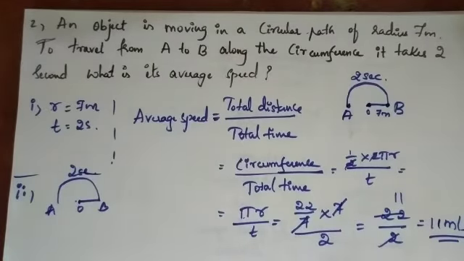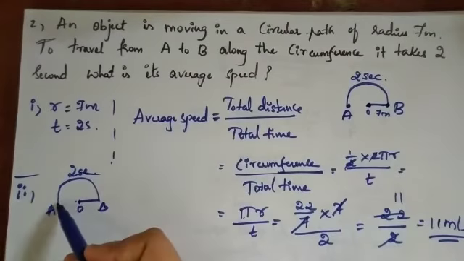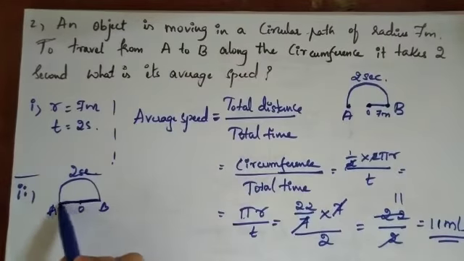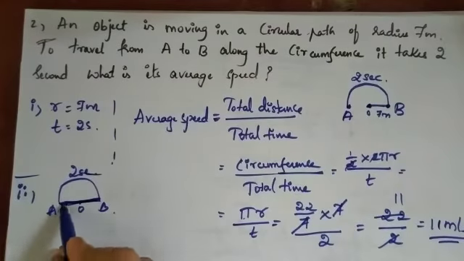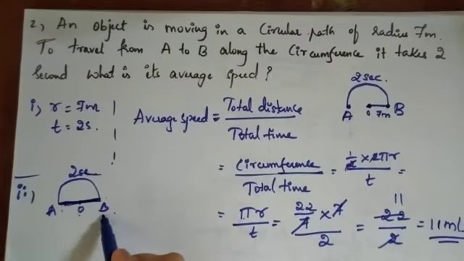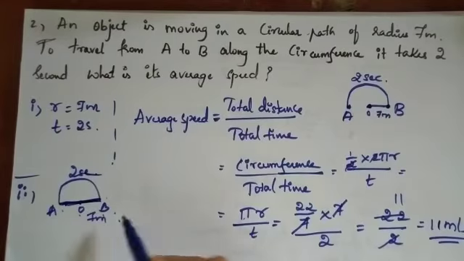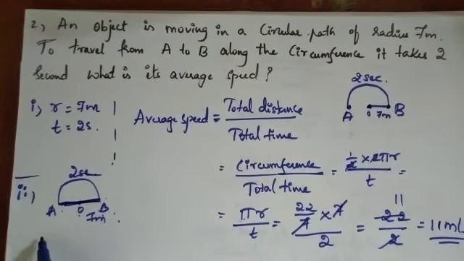Displacement means the shortest path. Instead of going along the circle, the person can travel straight from A to B. We don't know AB directly, but we know OB is the radius, 7 meter, and OA is also 7 meter.